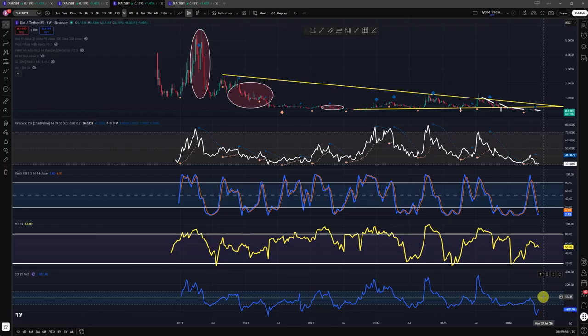The coin is considered oversold if it's below minus 100. It's considered overbought if it's above 100. So this is minus 100, this is plus 100, and then you've got your zero line.